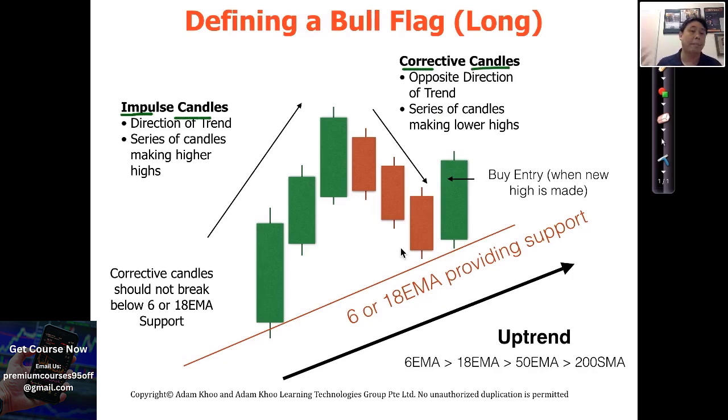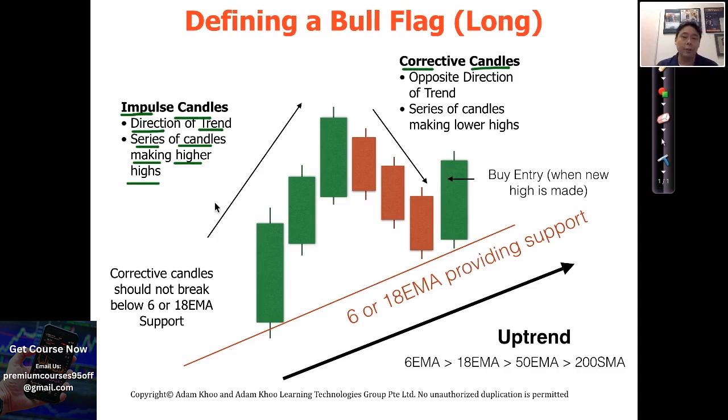First of all, what's an impulse? An impulse is a movement in the direction of the trend. In this case, it's an uptrend, so it's going up. The impulse candles are the candles that are moving up, in the direction of the trend, and there are a series of candles making higher highs.